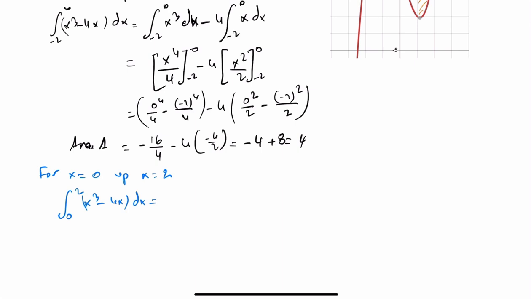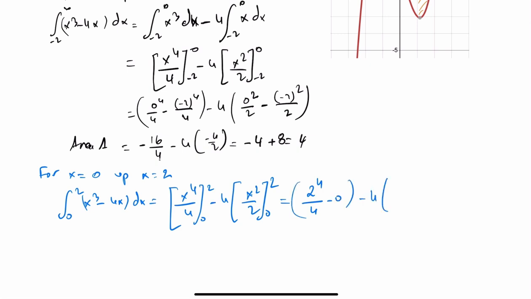It is equal to x to the 4 over 4 from 0 to 2 minus 4 times x squared over 2 from 0 to 2, which is equal to what? 2 to the power of 4 divided by 4 minus 0, minus 4 times 2 to the power of 2 divided by 2 minus 0.